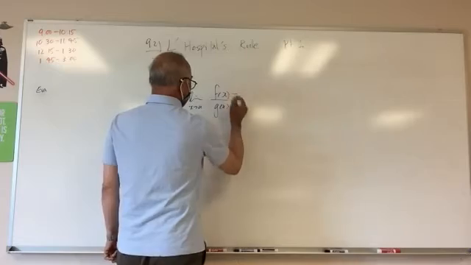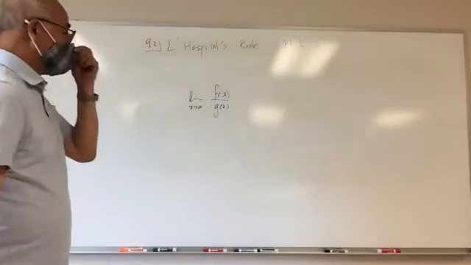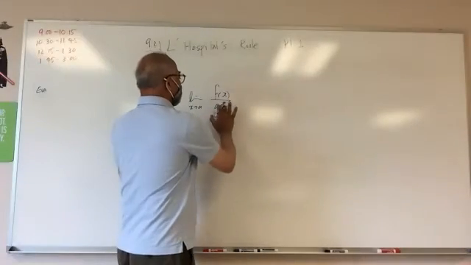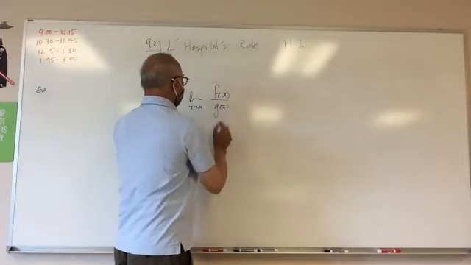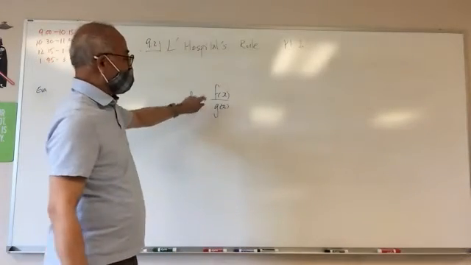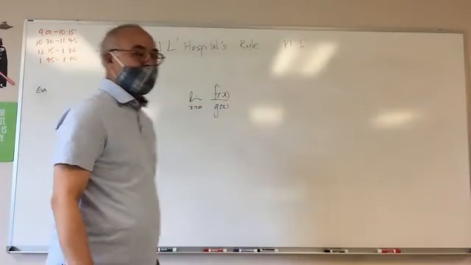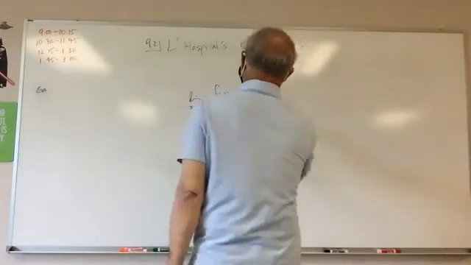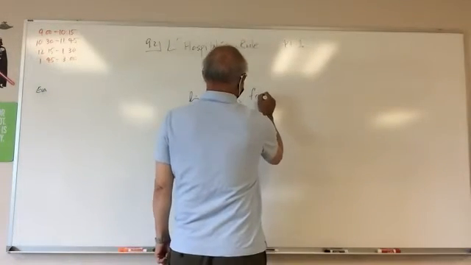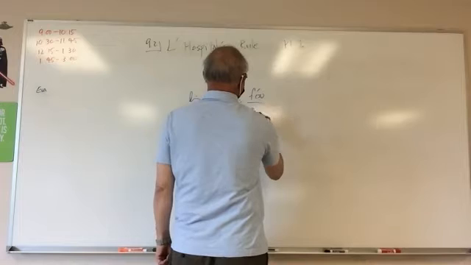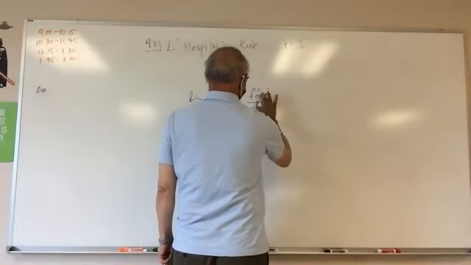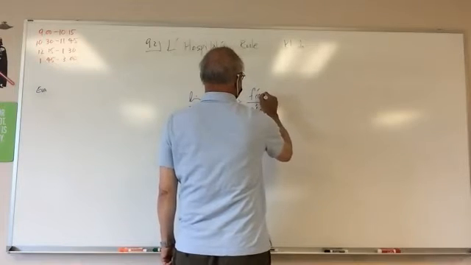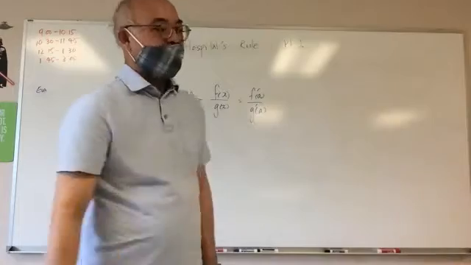In this situation, when both the top and the bottom, when I go to a, end up being 0 over 0, then I can calculate this as being f prime over g prime of a, actually. And so that's how I would do this.